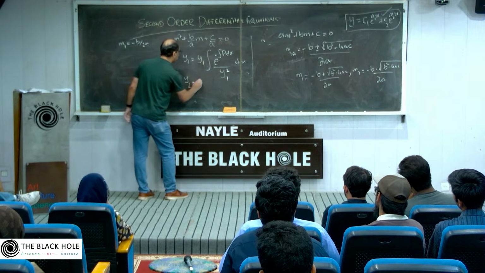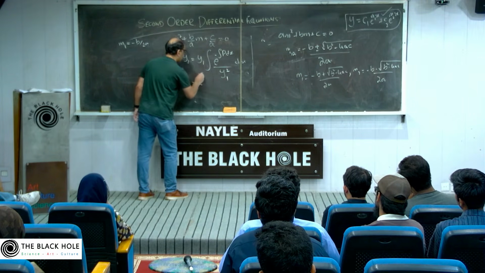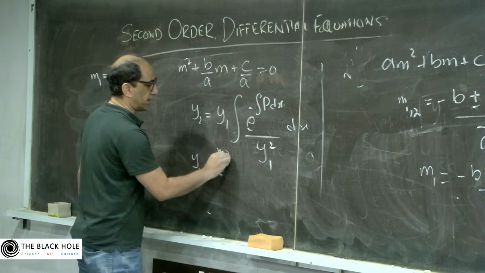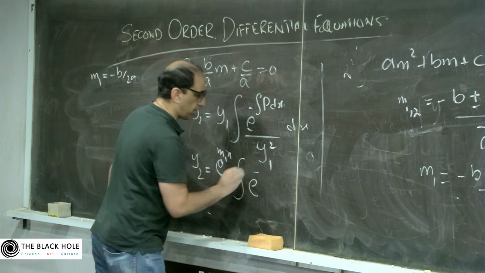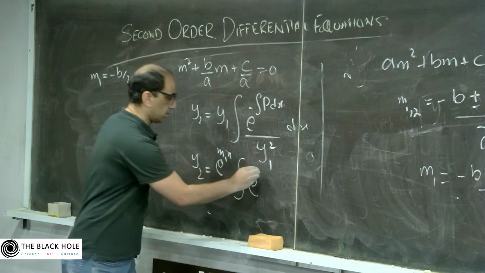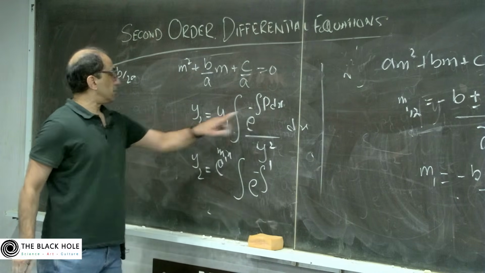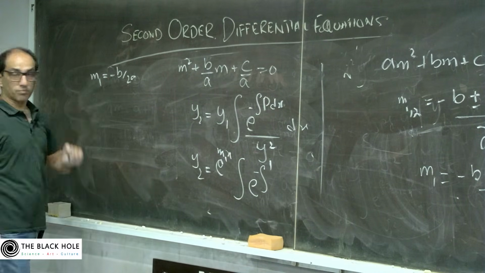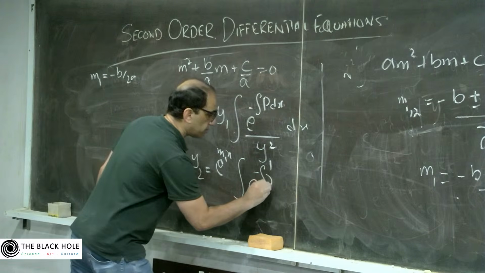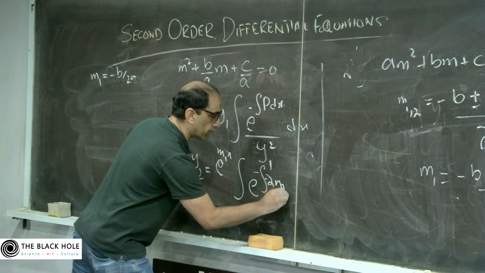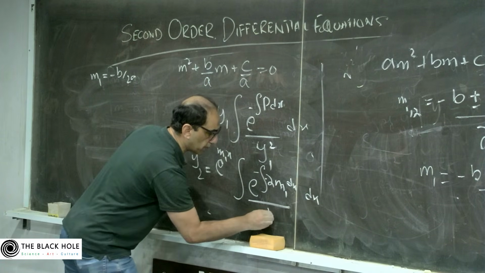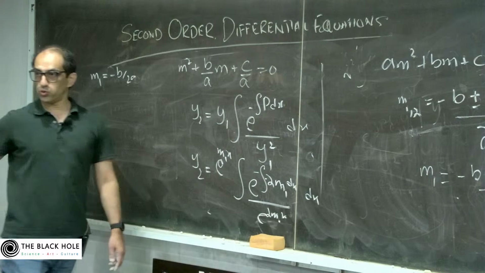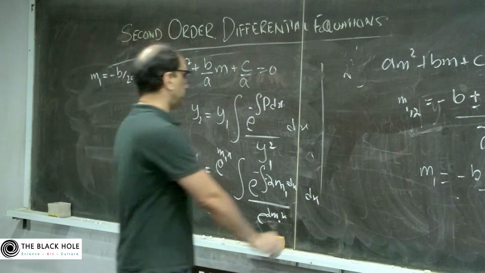So Y2 is equal to e raised to power M1x integral of e raised to power minus the integral of P, and this is B over A, which is equal to minus 2m1, dx over e raised to power 2m1 x.